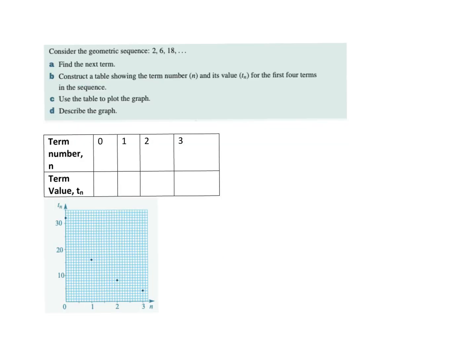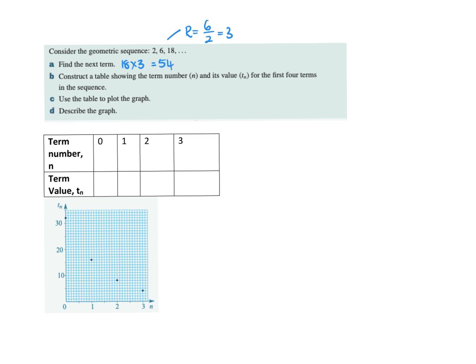Okay, so consider this geometric sequence: 2, 6, 18. Find the next term. It said geometric, so let's work out what R is. It would be 6 divided by 2, which is 3. To get the next term, it would be 18 times 3, which is, what's that, boys? 54?